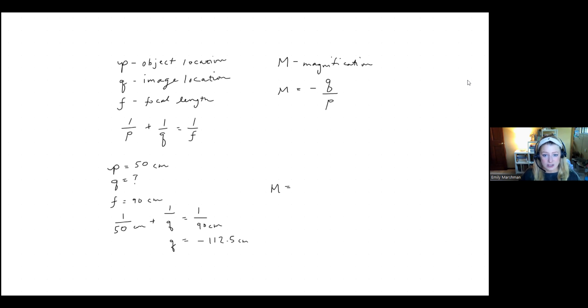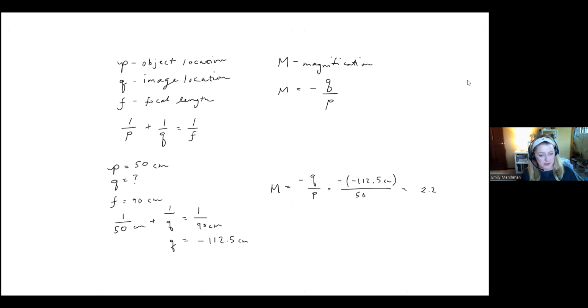The magnification is negative q over p. So q is negative 112.5, and the object was located at 50 centimeters. So my magnification is 2.25.